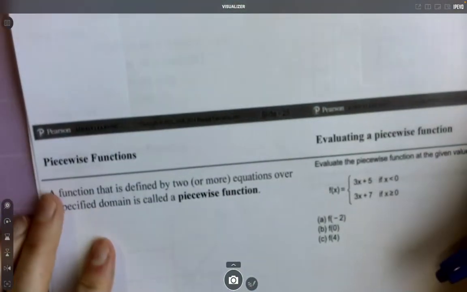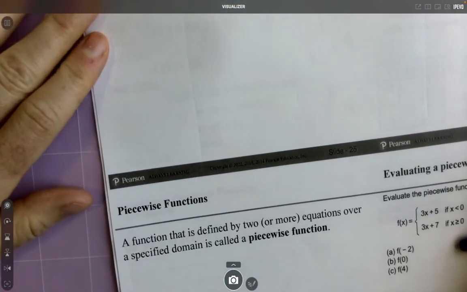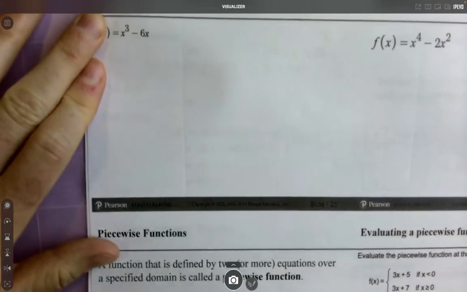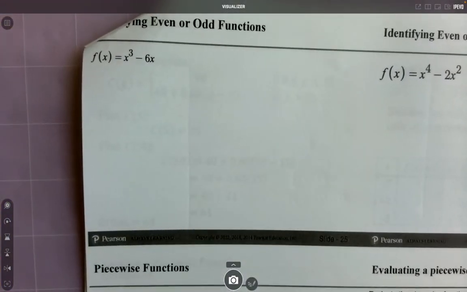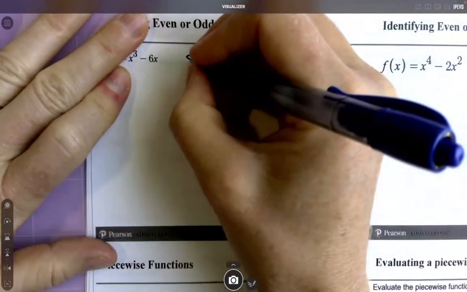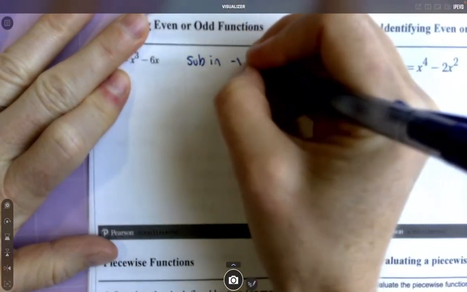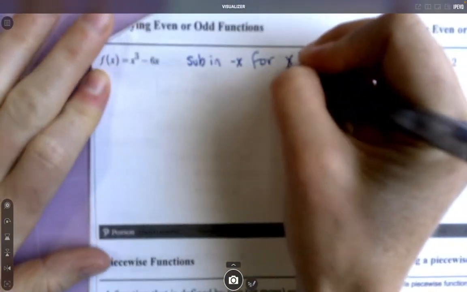So let's look at this example. x to the third minus 6x. We are going to test out if it's even, and the way we do that is we are going to sub in negative x for x.